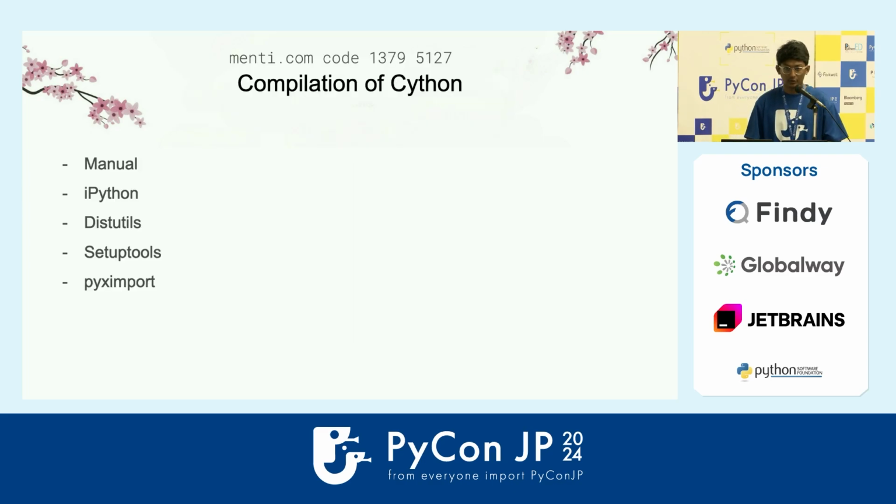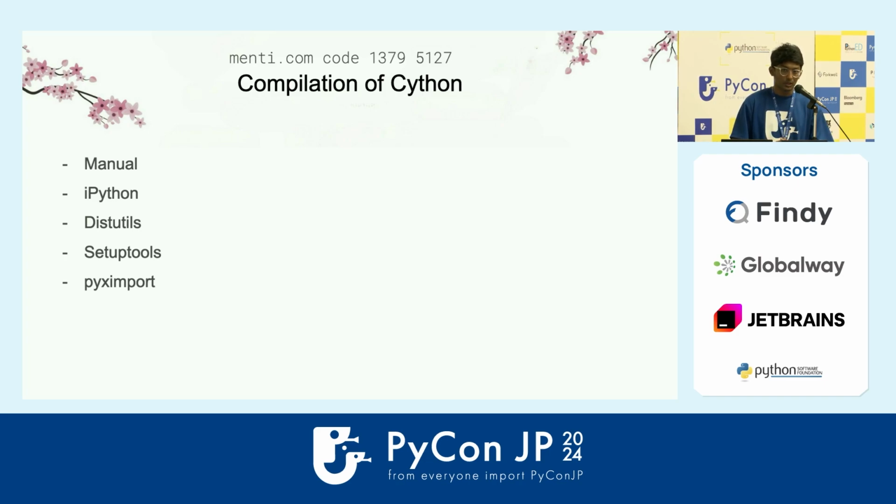Okay, so there are some ways to compile Cython. One is the manual way. It's good when you are learning, but definitely not the preferred way whenever you are doing things at scale. IPython is good. Again, I utilize IPython a lot with Cython. It's very easy as I demonstrated. It gives you speedup.